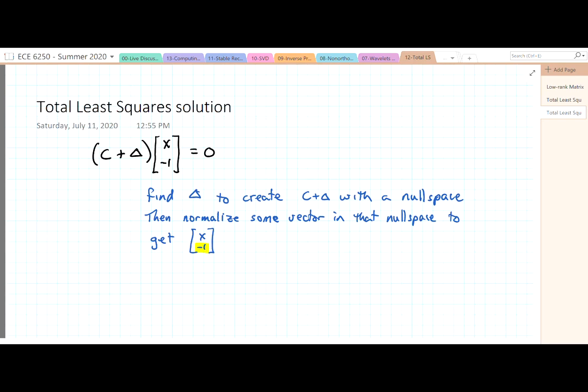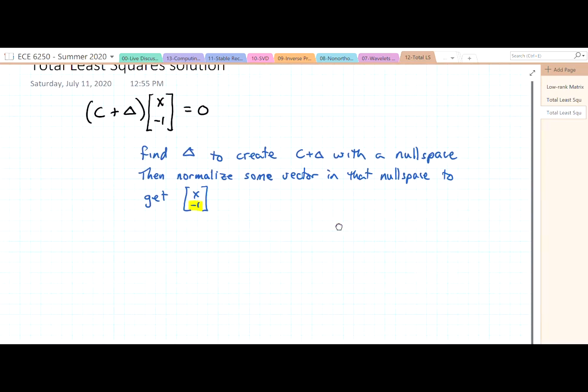Okay, so how do we get a delta that will result in a rank deficient C plus delta? That's going to be our next task. So we keep changing the problem, but eventually we're going to get to something that works. Okay.